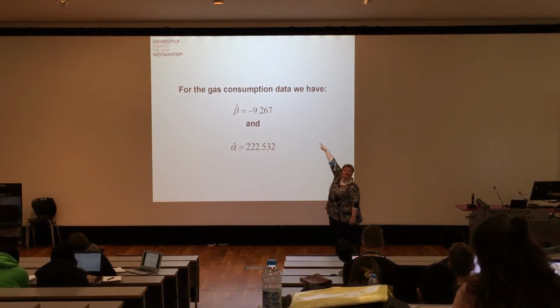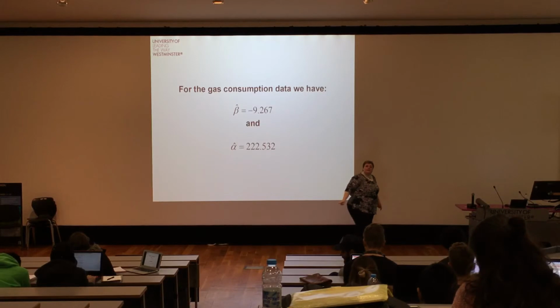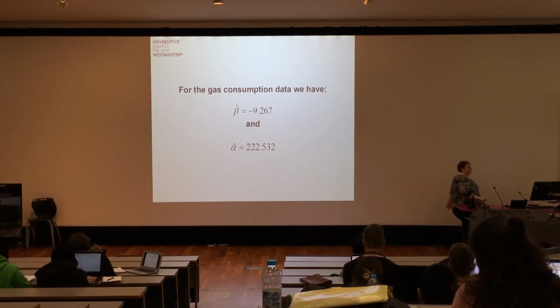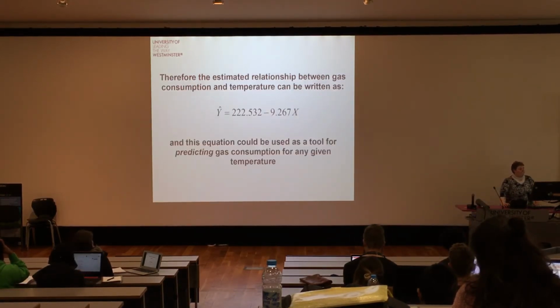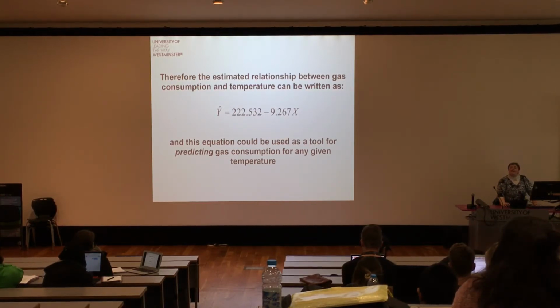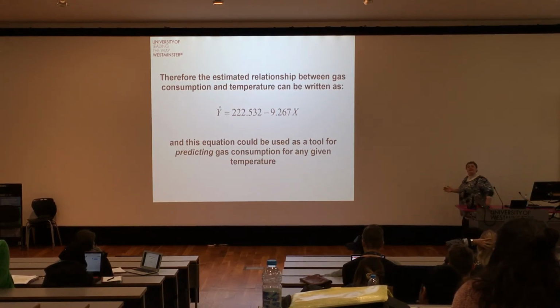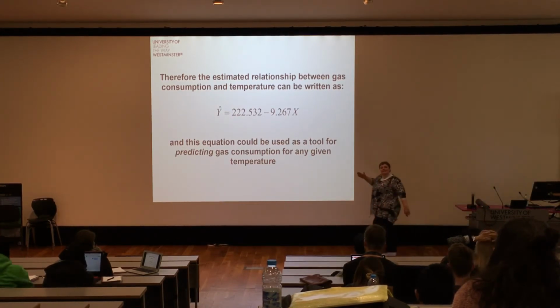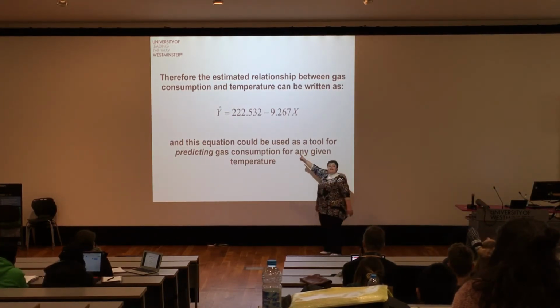The positive intercept is 222.5. So this is the relationship, the line that approximates the data that we have seen in that graph.